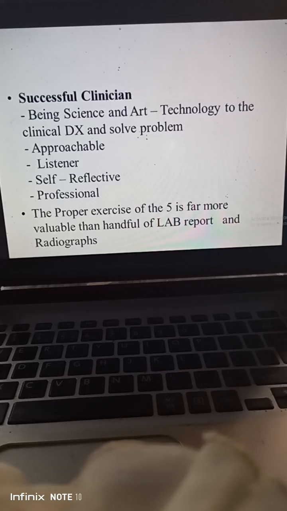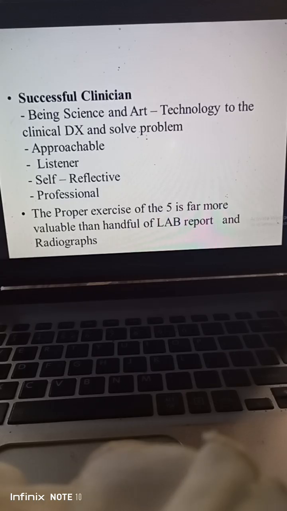To be a successful clinician, it needs the application of science and the art. When we say it needs to be scientific, it needs you to have your basic anatomic knowledge, your basic physiology knowledge, as well as pathology and other pharmacologic basic sciences to apply to your clinical skills.